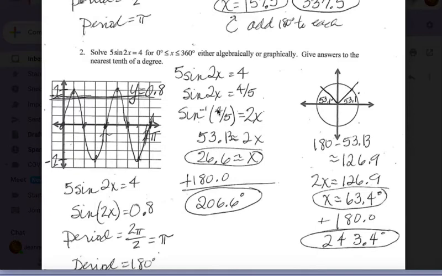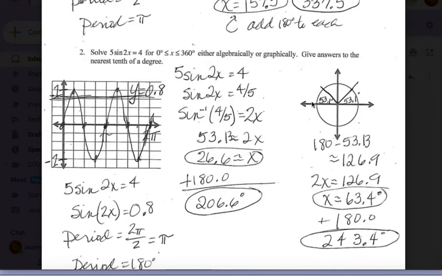So the sine inverse of 0.8 is equal to twice the angle measure I want, because that's 2x that I'm going to get out. So that's about 53.13 degrees. So I know that this angle measure is 53.13 degrees, but sine is positive in quadrants 1 and 2.